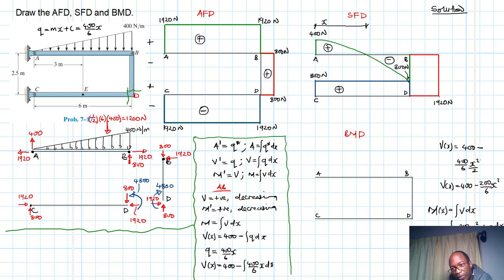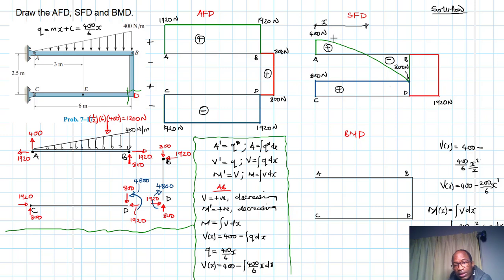If we integrate this, we're going to have minus 200 divided by 6 x cubed over 3, bracketed, plus 400x. Again, we are not going to include a constant. We'll leave it as a general equation for our function from a to b, which is the area under the shear diagram.